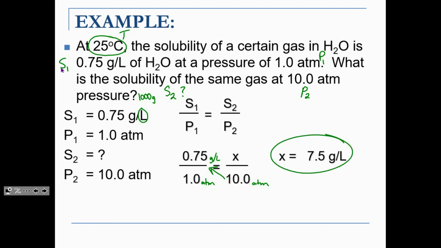Now, if we wanted to, we could take this and actually convert. For every 1 liter, you have 1,000 milliliters, and the density of water holds true for every 1 milliliter. You have 1 gram. And you could convert into grams of solvent if you wanted to, but we don't have to in this problem.